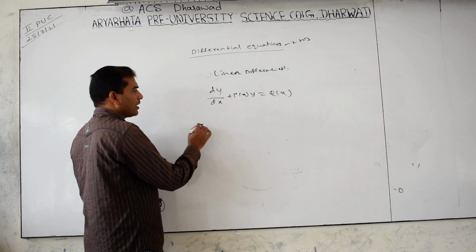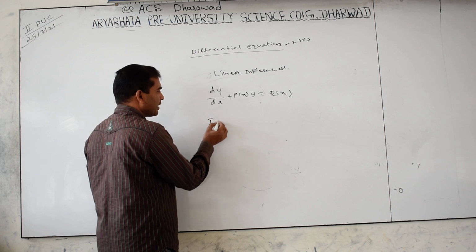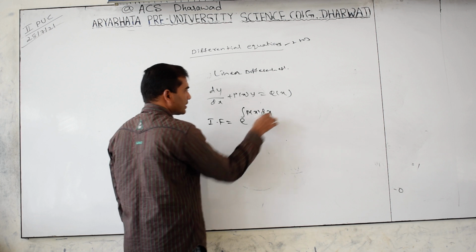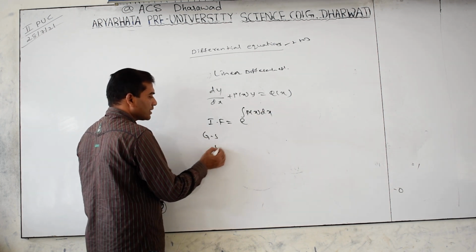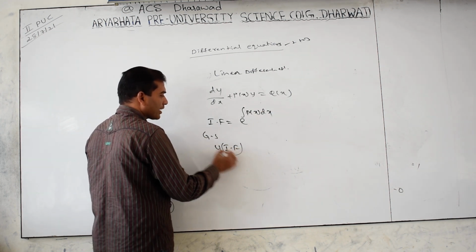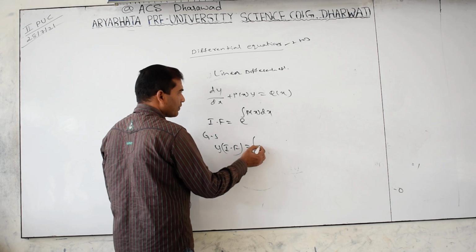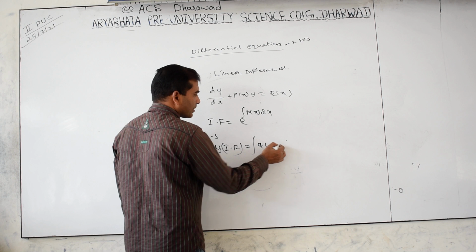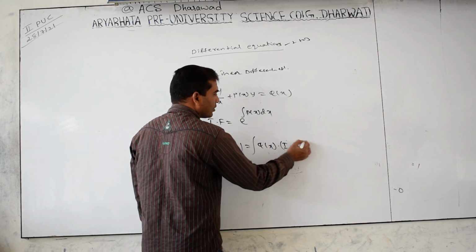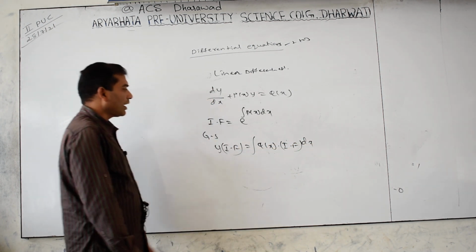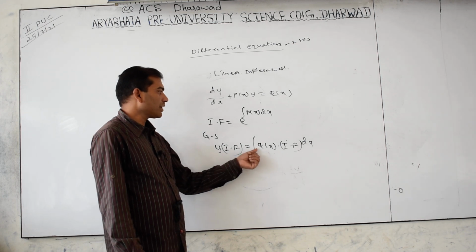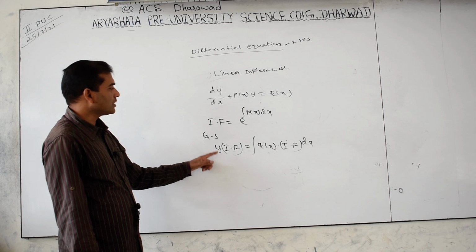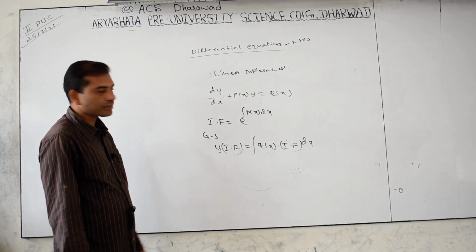If it is in this form, the way of solving, the first step is the integrating factor, e power integration of p of x dx. Next, the general solution is y into integrating factor equals integration of q of x into IF into dx. This is the general solution of this equation.